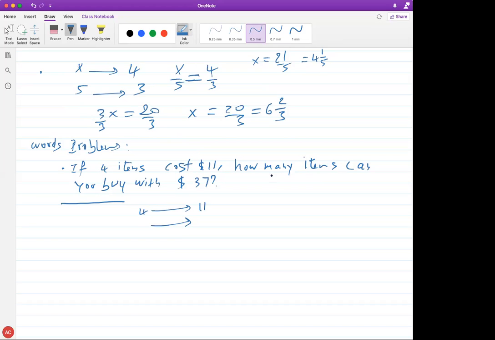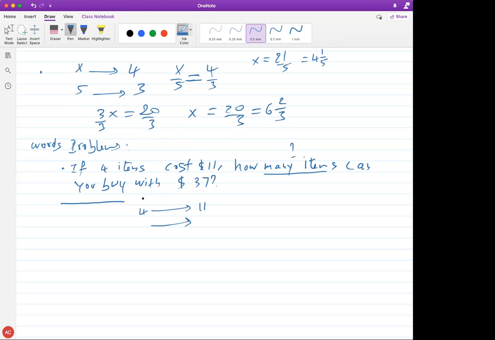Now we just need to do the other ratio. The other ratio is missing something, it's missing the number of items. So we're going to have an x somewhere here. So what's the second ratio, or where does the x go in this second ratio? Second part is items you can buy with 37.